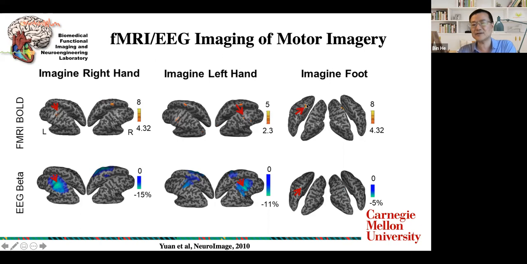And similarly, imagining the foot shows BOLD elevation in the motor cortex corresponding to the foot. Similarly, co-localization of the EEG source imaging is observed, with the one exception that while BOLD elevation is observed, EEG power is decreasing, which effectively represents ERD, or event-related desynchronization, associated with motor imagery.